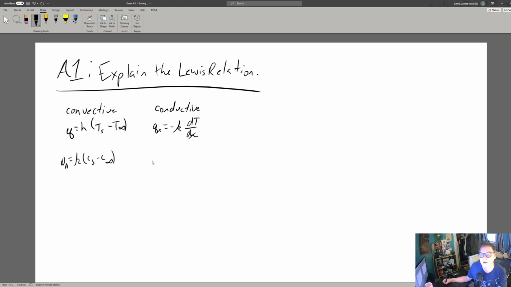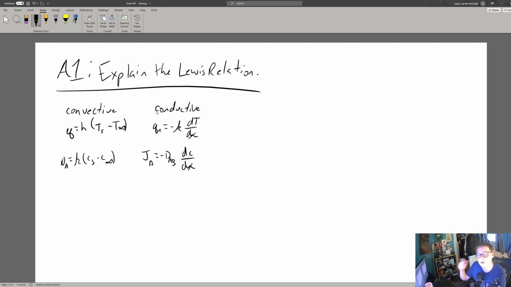And the diffusive flux is equal to the negative diffusivity times the change in concentration over the change in distance.